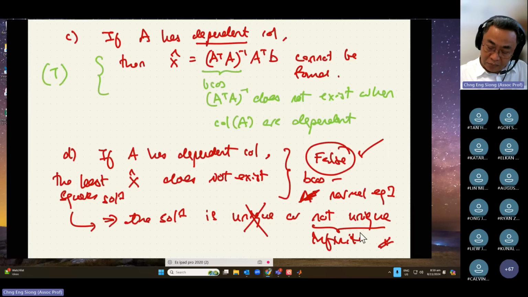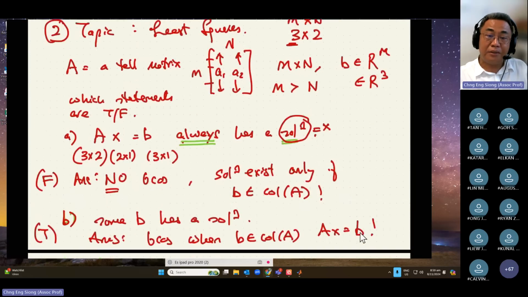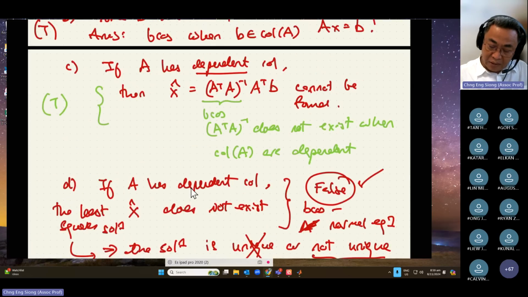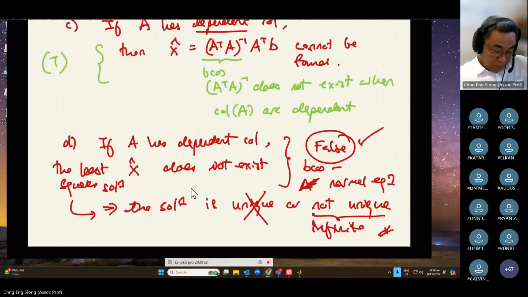Okay, so guys, this least squares is non-trivial. You have to understand everything to answer all these very tricky and esoteric questions.